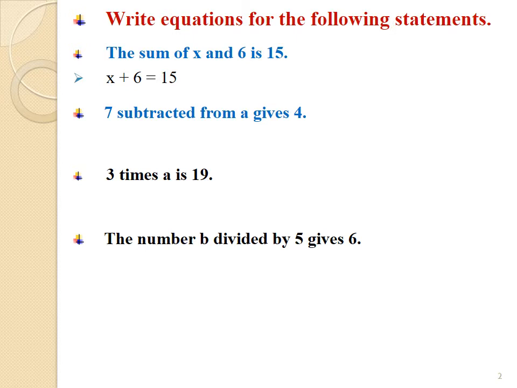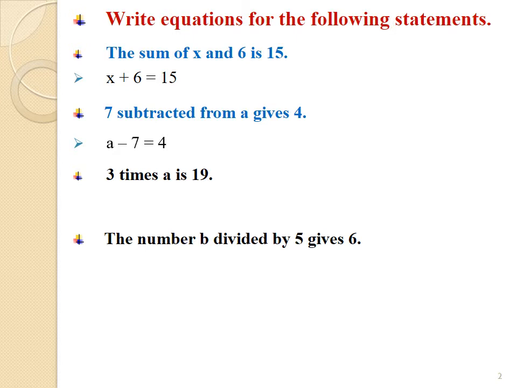Thus, equation for this statement is A minus 7 equals to 4. Students, note that you have to write A minus 7 equals to 4 and not 7 minus A equals to 4, as we have to subtract 7 and not A.